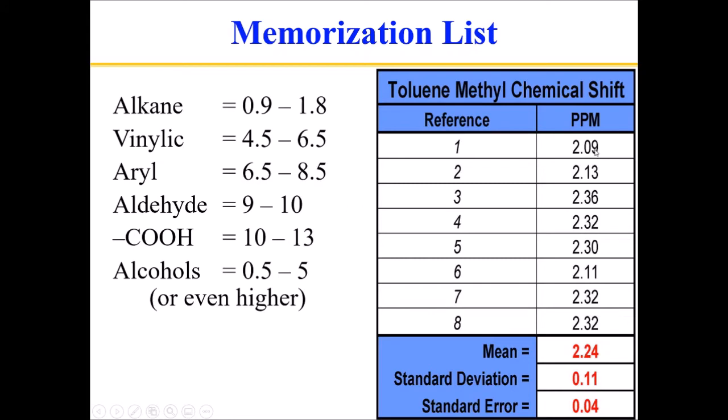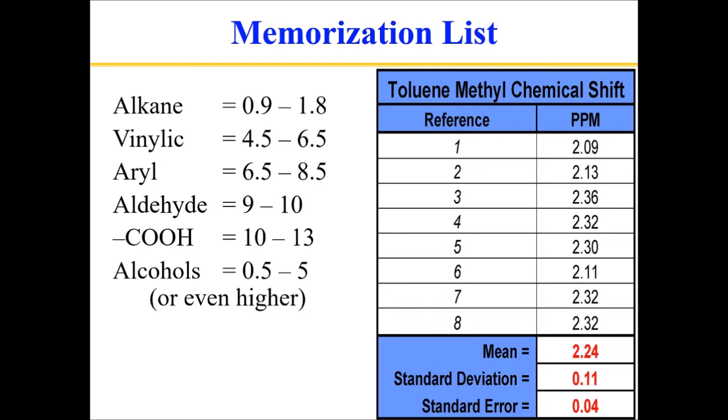And these are the shift values for the 3 hydrogens on the methyl group of toluene reported in 8 different peer-reviewed publications. And what you'll notice is there's quite a bit of variation. The average value is 2.24, the standard deviation of 0.11. And this is the same molecule being measured by multiple different NMR instruments.